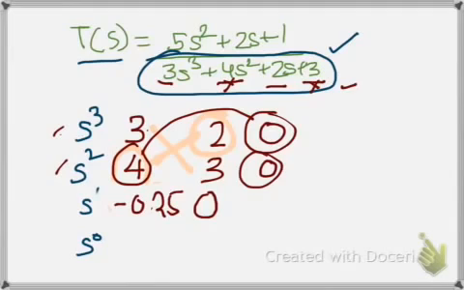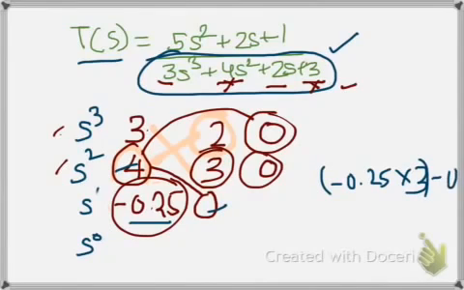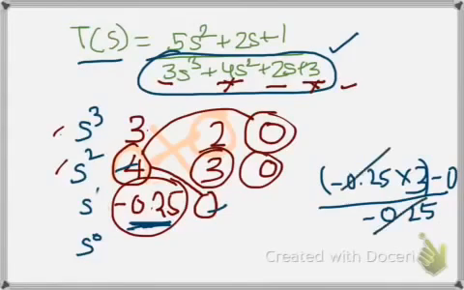The next term is minus 0.25 into 3, minus 4 into 0, which is 0, by the leftmost number, minus 0.25. So you cancel out minus 0.25, and this is going to be 3.